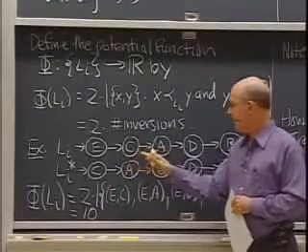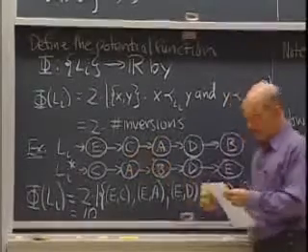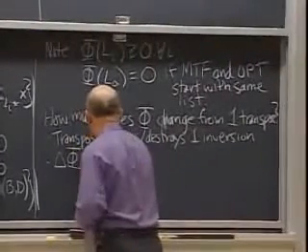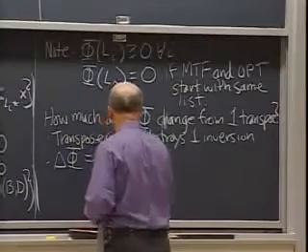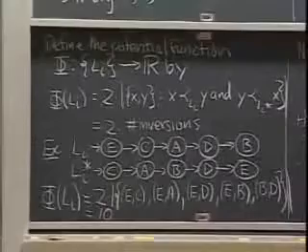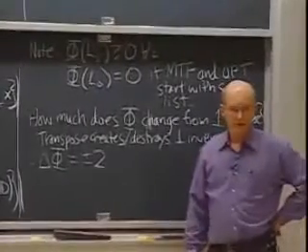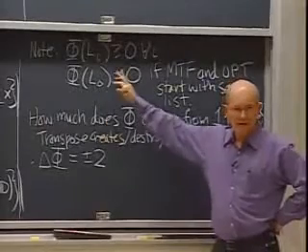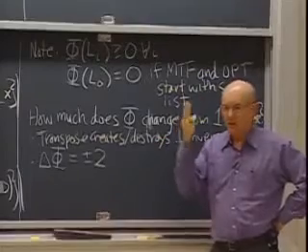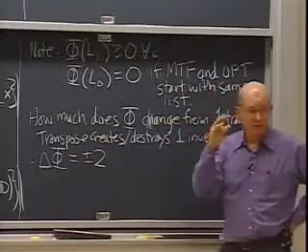Or if they were in the wrong order when I transpose them, now they're in the right order. So therefore, the change to the potential function is going to be plus or minus 2 because we're counting twice the number of inversions. Okay? Any questions about that? So transposes don't change the potential very much. It either goes up by 2 or down by 2. Just by 1 inversion.